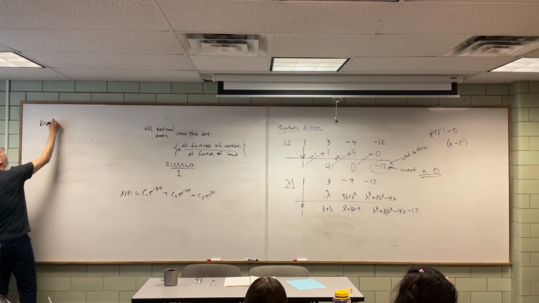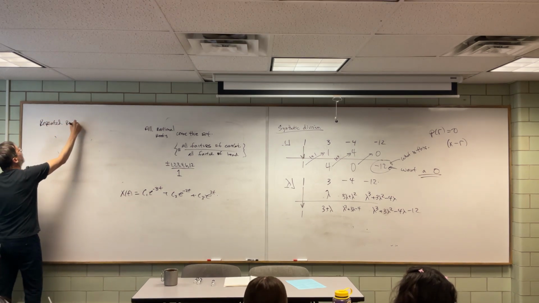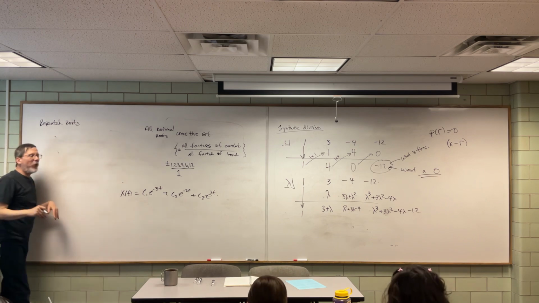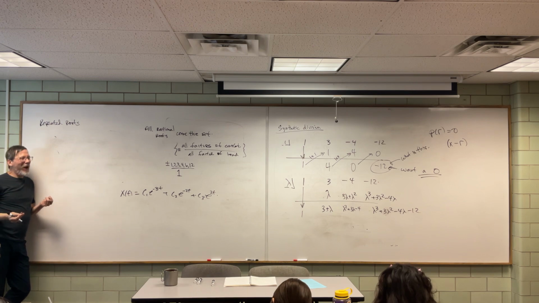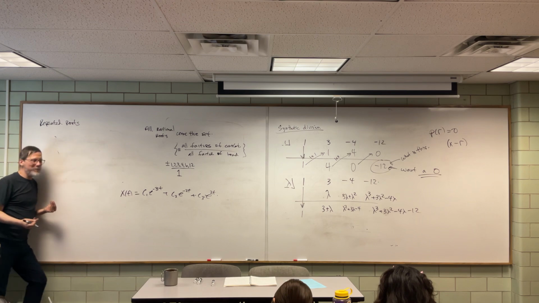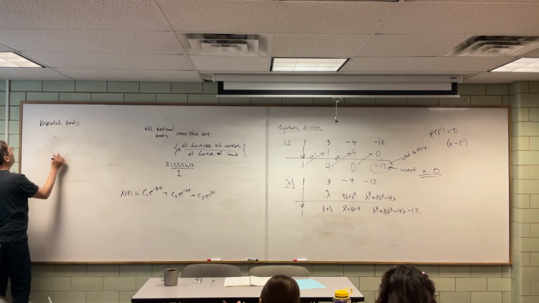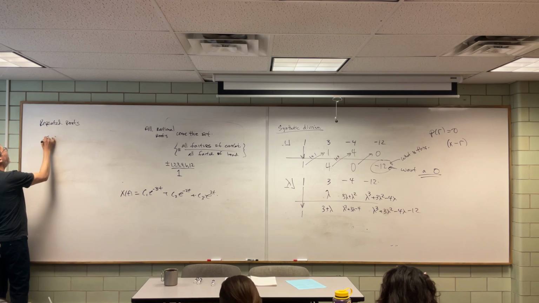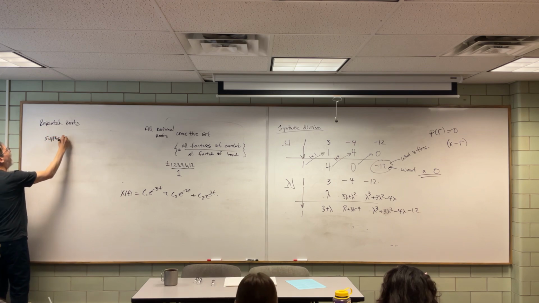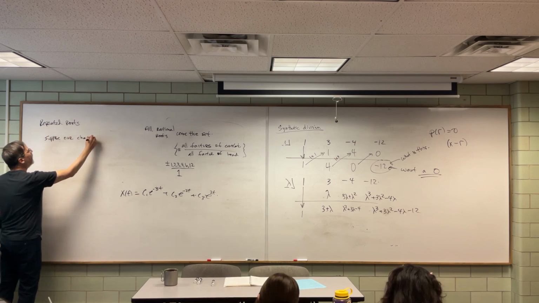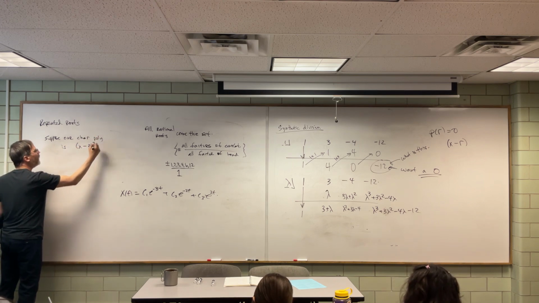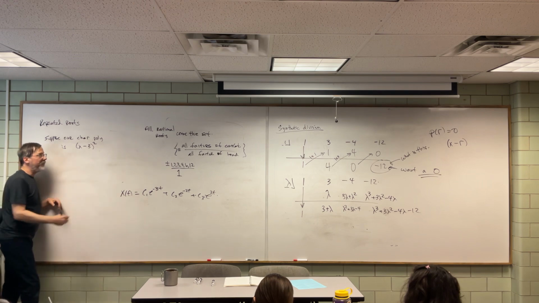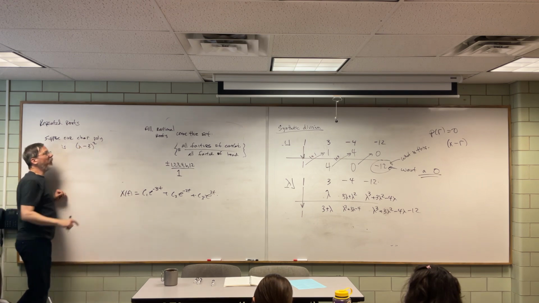So, repeated root case. And instead of going through this in kind of a minutia that I don't think is going to be helpful, I'm going to motivate to you why we're going to do what we're going to do. So, let's suppose our characteristic polynomial is lambda minus 3 squared. What is the equation that came from?